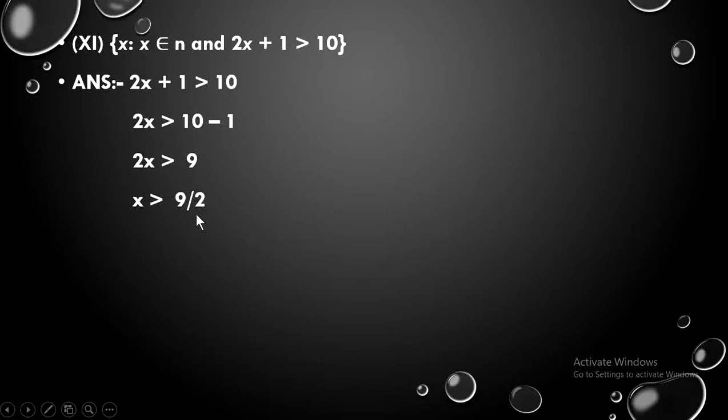So you have to find the complement of this set where x is greater than 9 by 2. So the opposite of that will be x is less than 9 by 2 or equal to 9 by 2, because 9 by 2 is not included also. So when you do natural numbers minus this set, you will write it as x is such that x belongs to natural numbers and x should be less than or equal to 9 by 2.